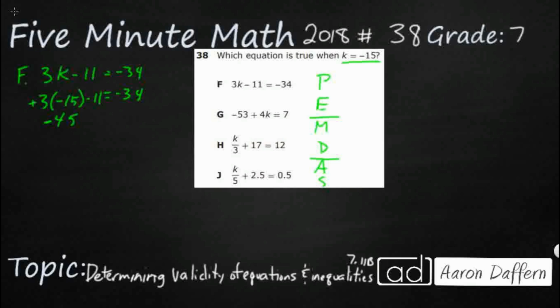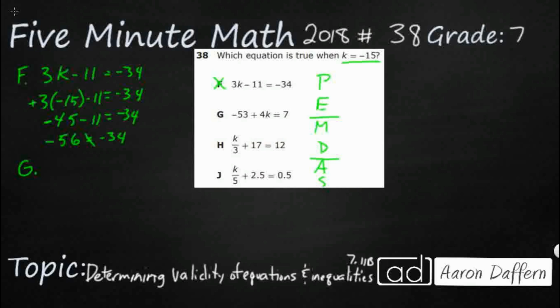That makes it a negative. Minus 11 equals negative 34. When you have a negative and you're subtracting, it's almost like adding, and it just stays negative. So negative 45 minus 11 is going to be negative 56, because you're getting farther away from 0. And that's supposed to equal negative 34. It doesn't. So F is not it. But that's how we're going to do it.